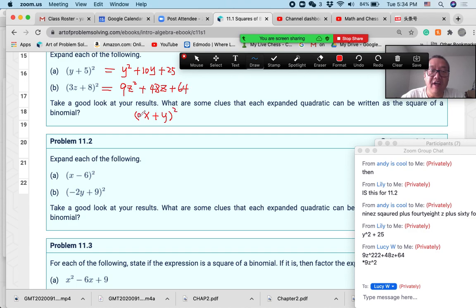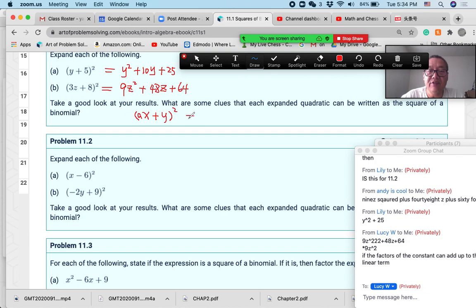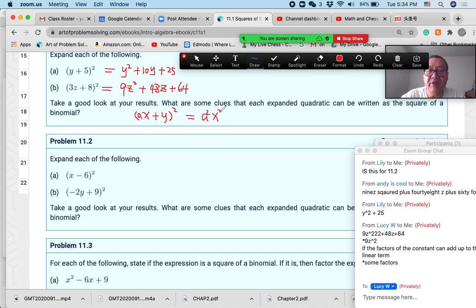If we have a here, this one will equal a squared times x squared plus 2a xy, then plus y squared. This one is a formula. Actually, this one is the extended formula of this one. Okay, this one equals x squared plus 2 times x times y, then plus y squared.